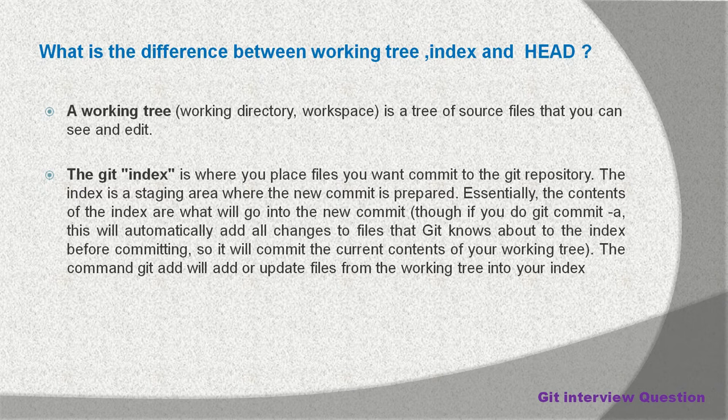Whenever you issue this command, all those files are going to be added into your local repository. To add any files into your staging area, you have to use git add. This will add or update files from the working tree to your index, or staging area.